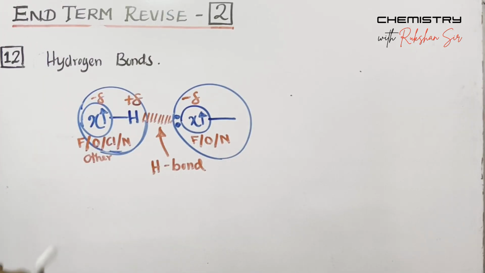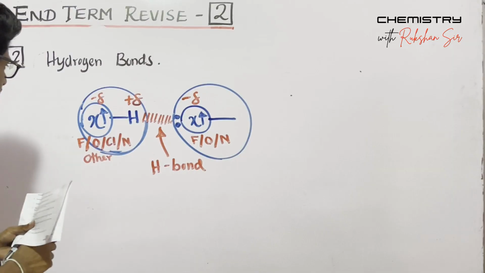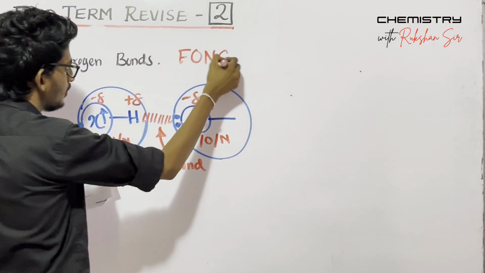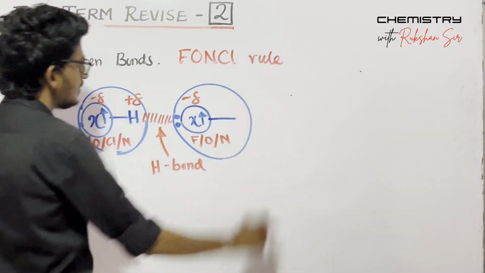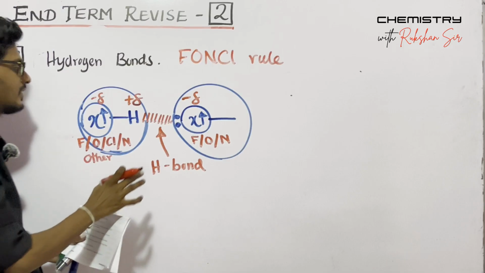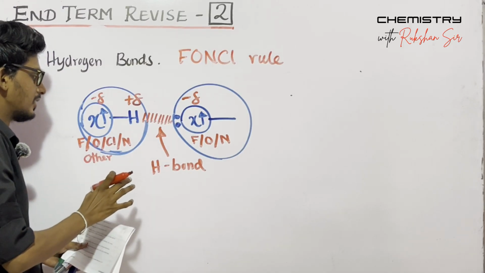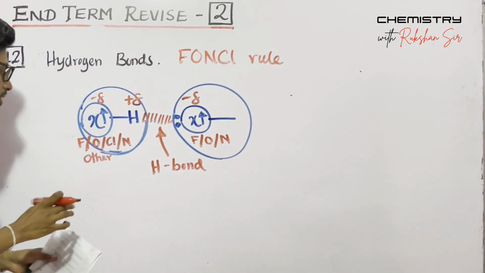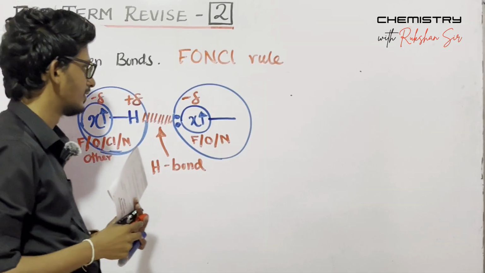So this is referred to as the FON rule. Fluorine, oxygen, and nitrogen can come up on both sides, but chlorine can be used only on this side. This is the FON rule.